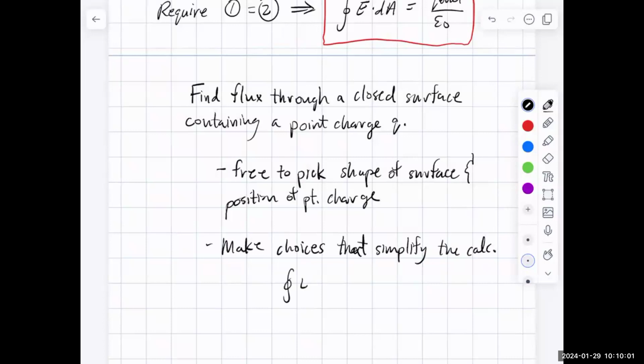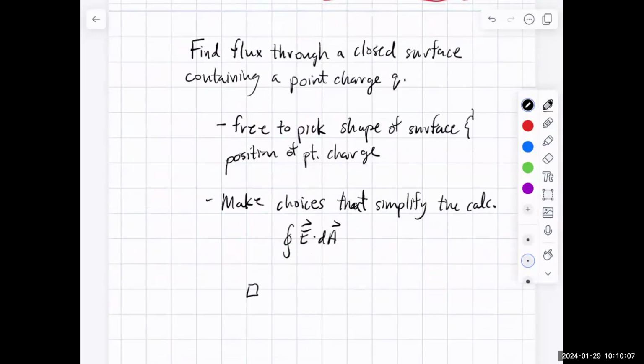And the calculation we have to do is this integral of E dot dA. Okay, and so what are the simplifying choices? Well, the first thing that we can see is that we have a dot product to evaluate. And the dot product is between the area vector and the electric field.